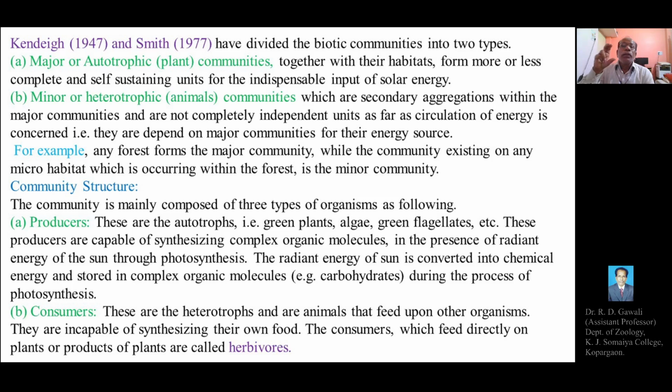So, this is the first community, the major or autotrophic community, which includes the plants.